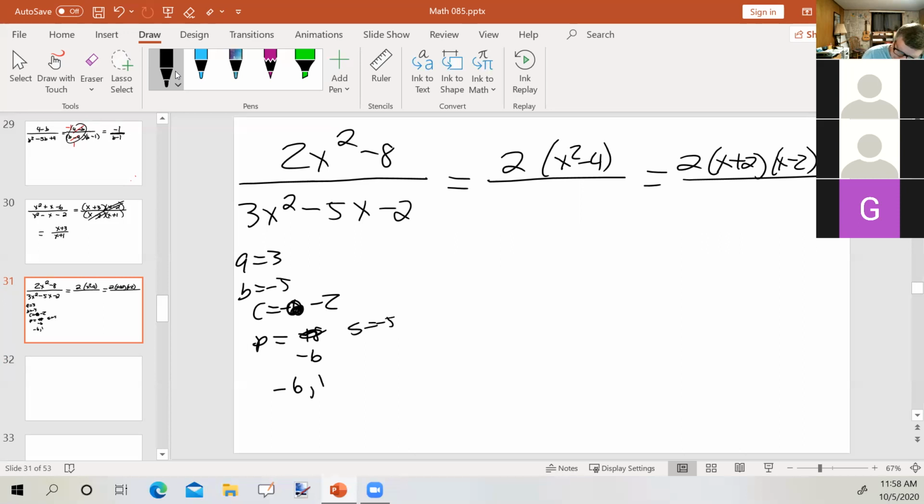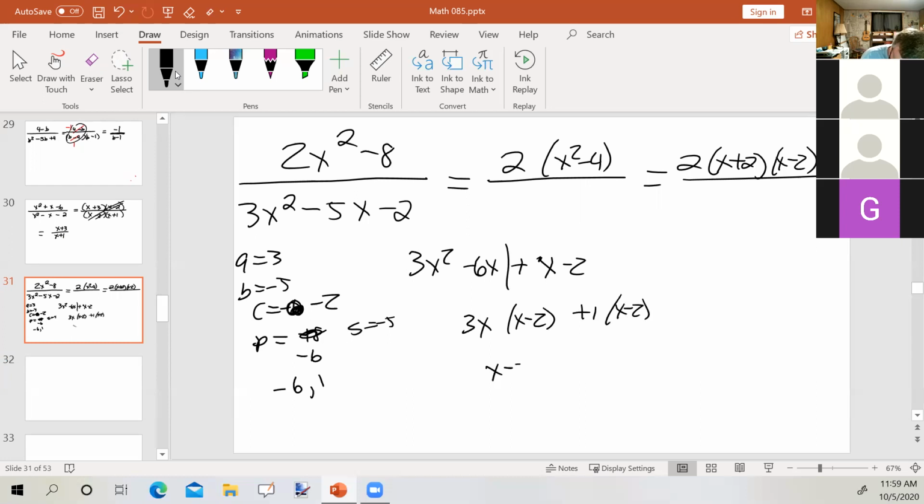Okay, okay. So then this is what? 3x squared minus 6x plus x minus 2. 3x times x minus 2 plus 1 times x minus 2, x minus 2 times 3x plus 1. So I get x minus 2 times 3x plus 1 over x minus 2 times 3x plus 1. So what's the common factor that I can get rid of?